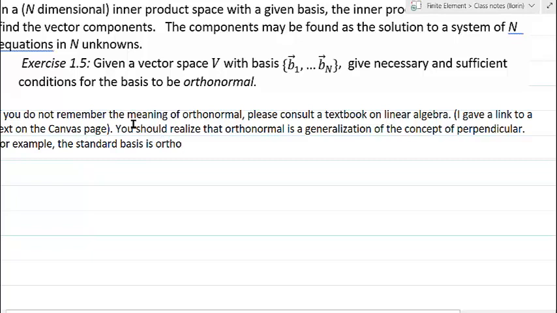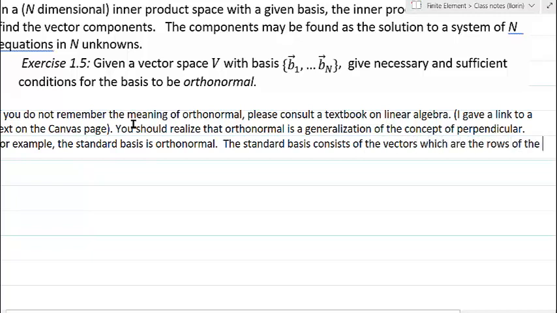What is the standard basis? The standard basis consists of the vectors which are the rows of the identity matrix.